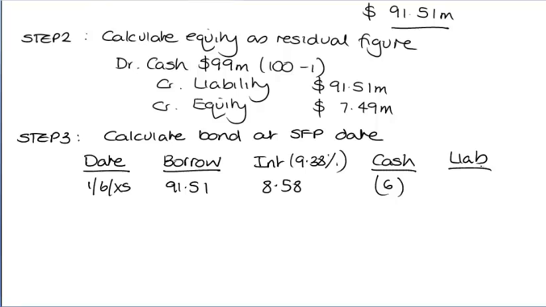So our liability at the end of the first year of the bond is 94.09. Interest in the second year is 8.83. We're going to pay cash interest of 6.